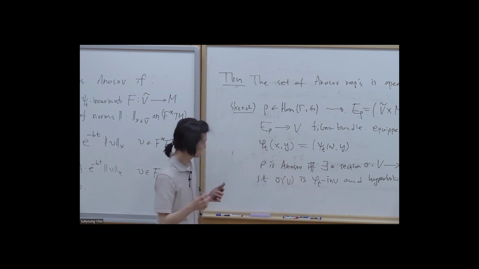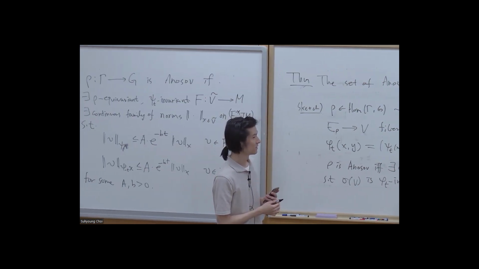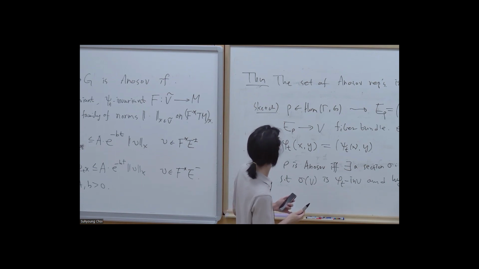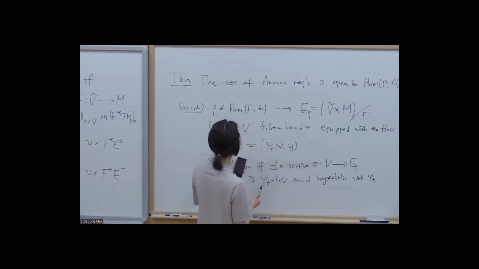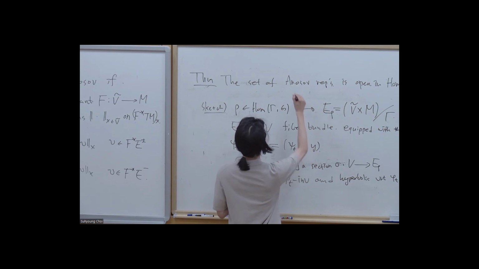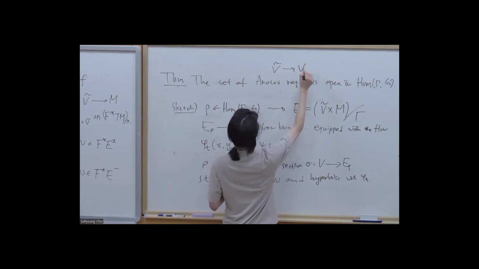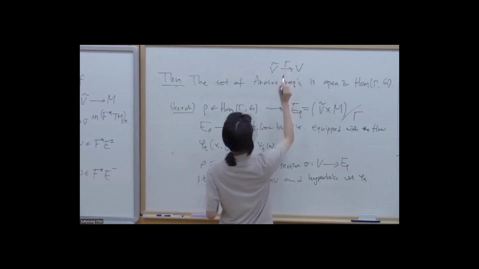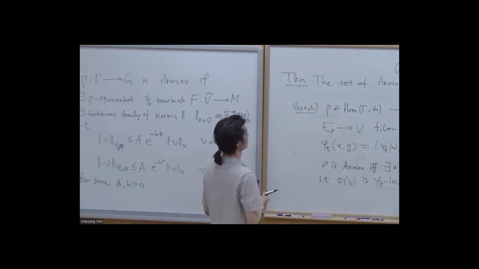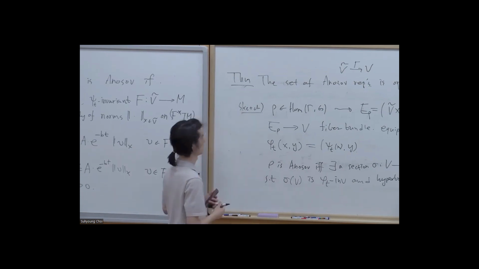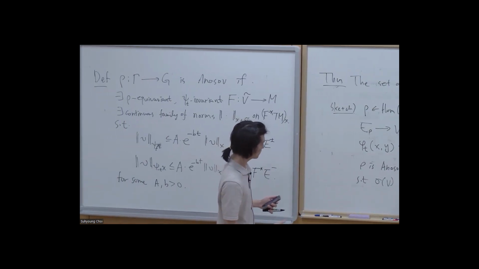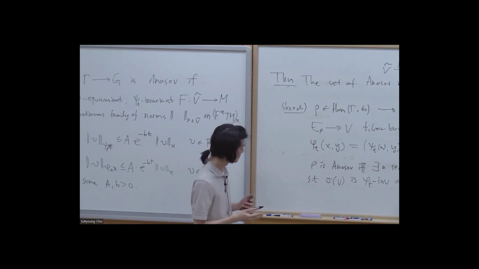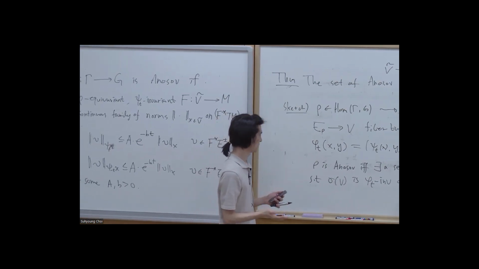Here V tilde is a cover, with deck transformation group acting on M. And the transversality is an open condition. That's the crucial part of the proof of the Ehresmann-Thurston principle.